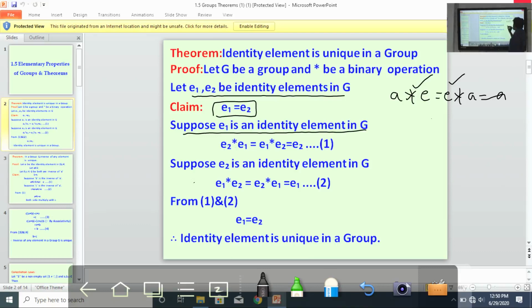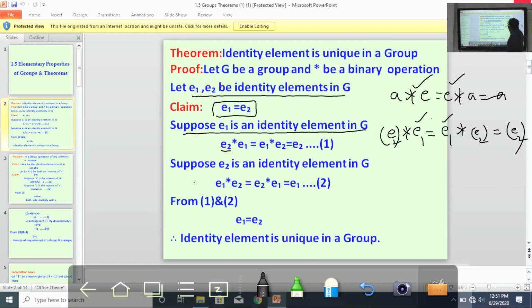That means, for any element, something star E1 equal to E1 star something equal to something. So I take E2. So E2 star E1, E1 star E2, we get E2. Why? Because E1 is the identity element.